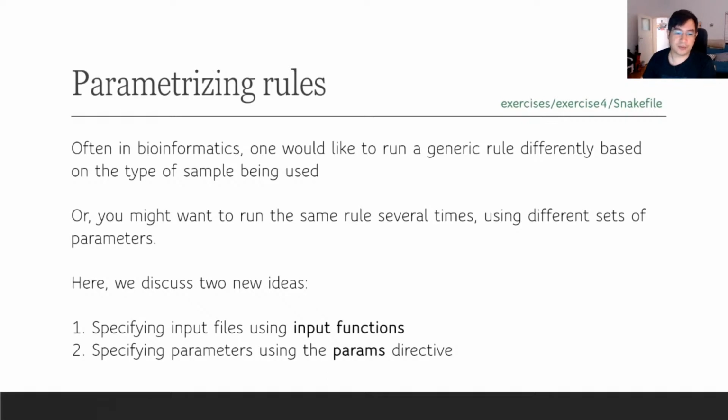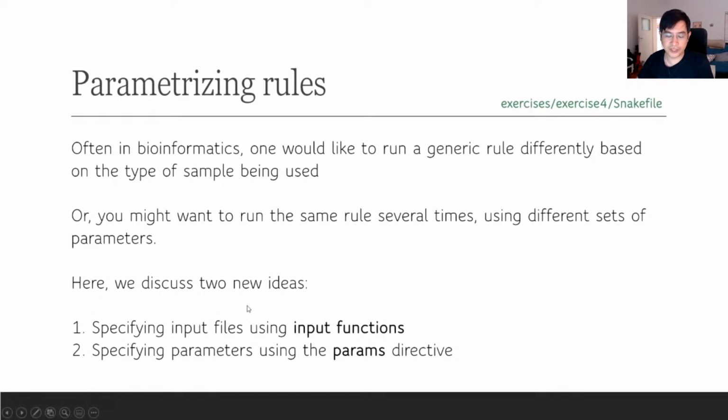Or alternatively, you might want to run the same rule several times and use a different set of parameters for each run. So for example, you might want to apply some different set of thresholds, or you might want to subsample the input file using some specific set of subsamples. And so in general, we need some way to parameterize the rules based on the files.